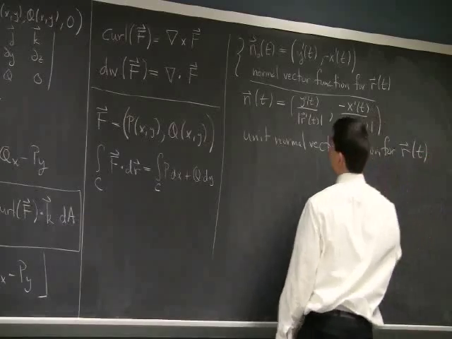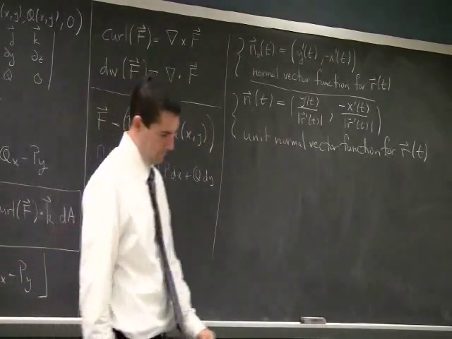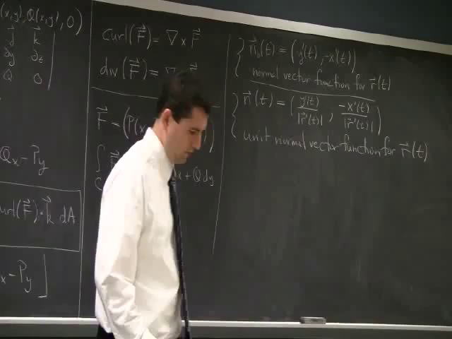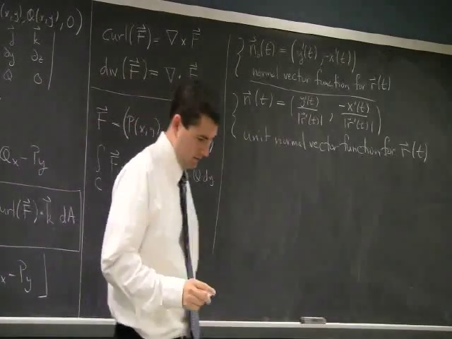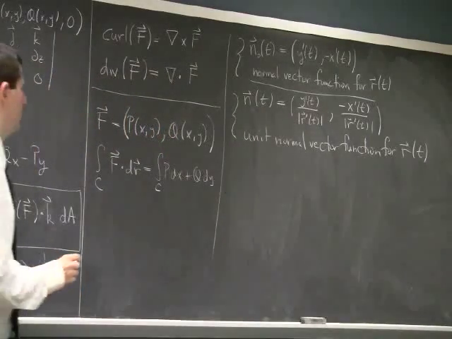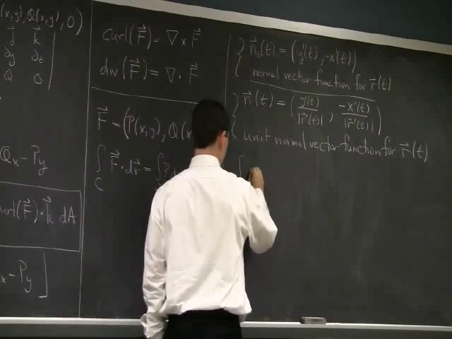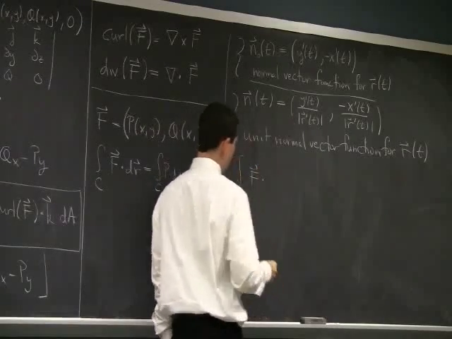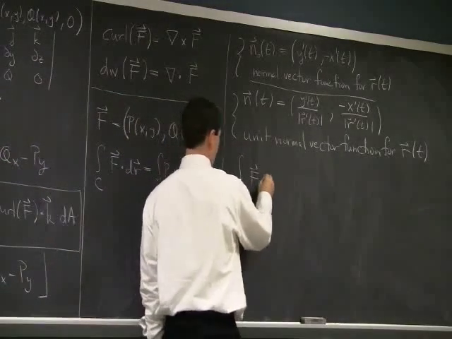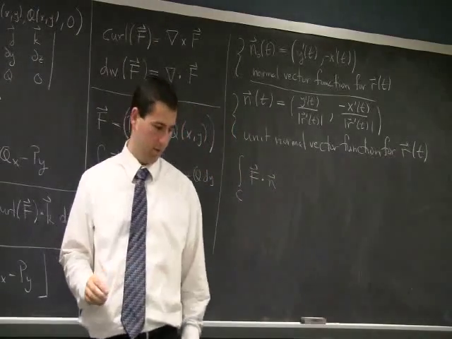So let's look at what happens if you take a vector field and you take the dot product of the vector field with its normal vector field.